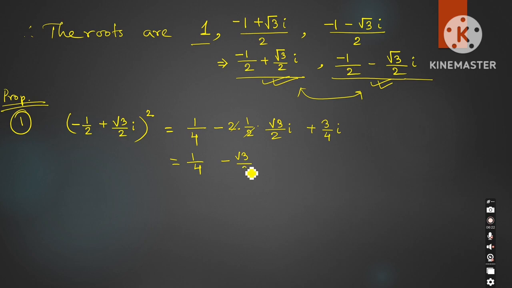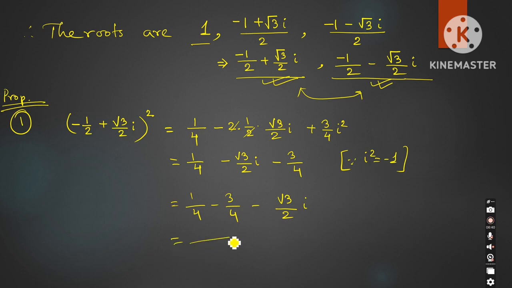i square stands for minus 1. That is why it can be written as minus 3 by 4. And calculating, we get 1 by 4 minus 3 by 4 minus root 3 by 2 i.